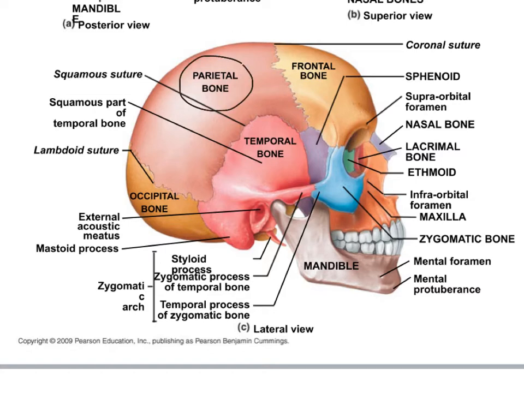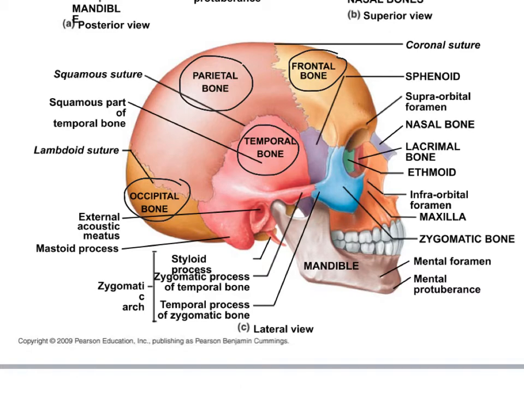There's a right and a left parietal bone. They're separated on the top by a suture. The frontal bone is the bone right in the front of your skull. And then the occipital bone is the bone on the back of your head, right? Then over the top of your ear canal, we have the temporal bone. So we need to know all of those.